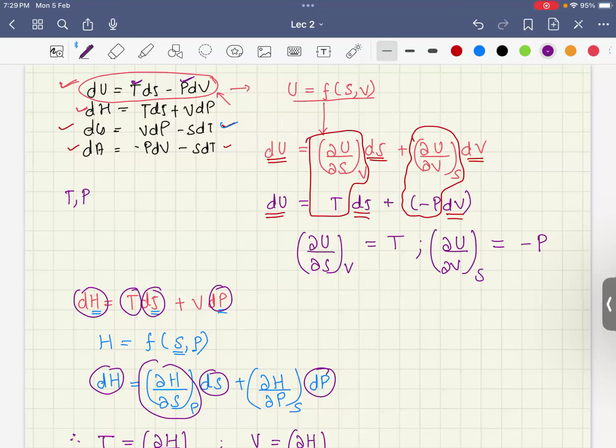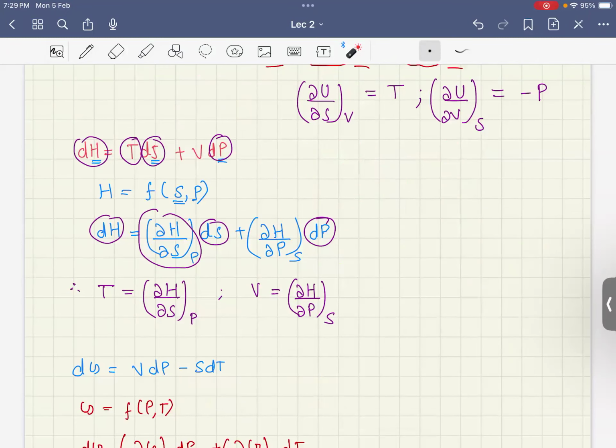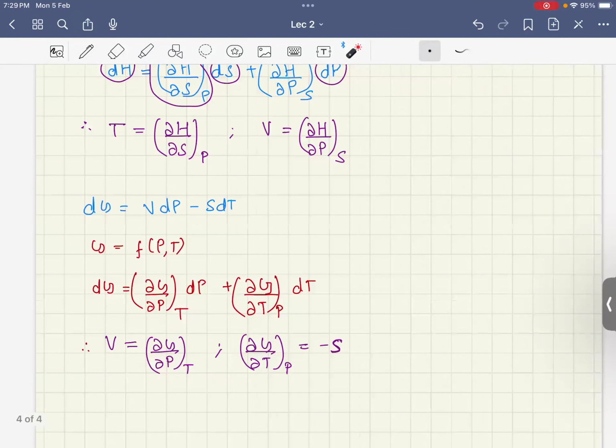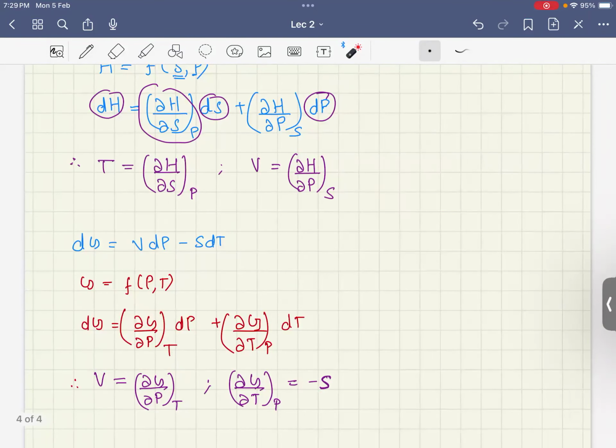So all this analysis we are doing is because we want to express these properties, for example this internal energy, in terms of some measurable quantity: temperature of the system, pressure of the system. You see, this is again volume, this is again temperature. So the aim is that we have to express these unmeasurable properties in terms of measurable properties.